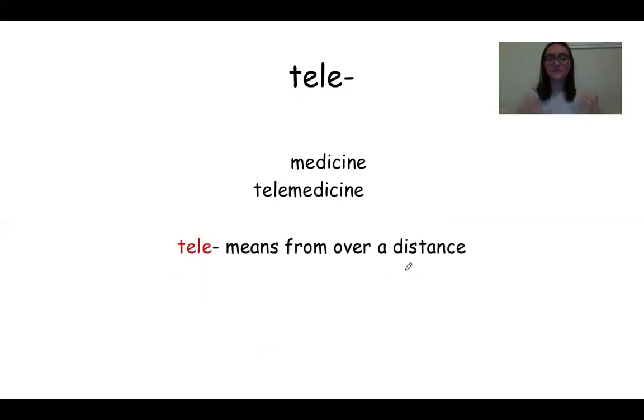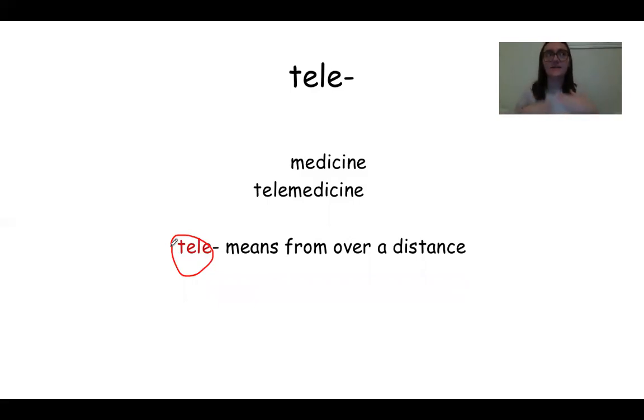Now, this next one we're going to talk about is tele. This is used a lot. So the example that I have is medicine. Whoop, we put that little bit in the front, tele. Now it says telemedicine. And now it's a different word. So tele means from over a distance. So just this by itself lets you know, okay, whatever the word is, it's happening over a distance, right?